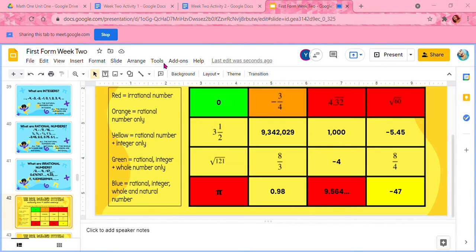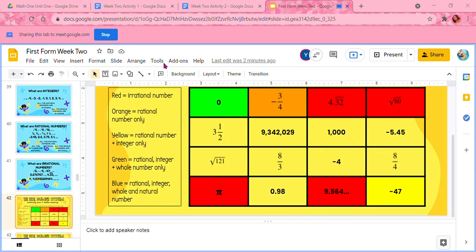Okay, let's look at this one. What are whole numbers? The whole numbers are 0, 1, 2, 3, 4, 5. Do we have 3.5 there? Yes or no? No, miss.